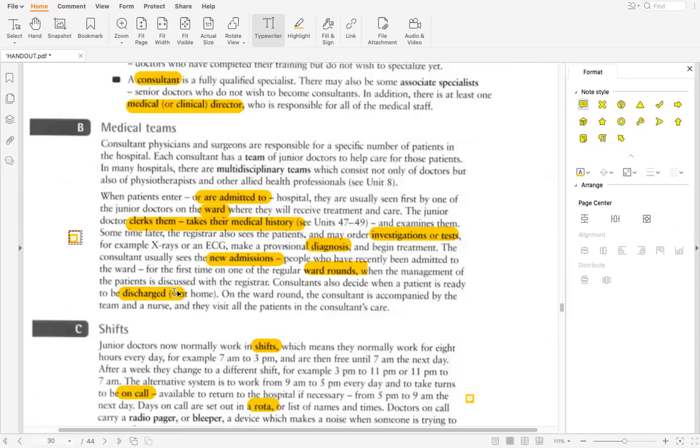The consultant usually sees new admissions. What is the meaning of new admissions? It means people or patients who have recently been admitted to the ward for the first time on one of the regular ward rounds.